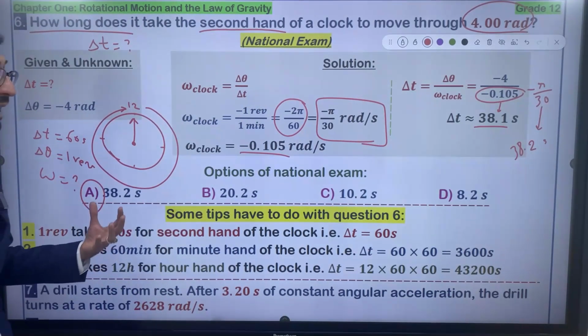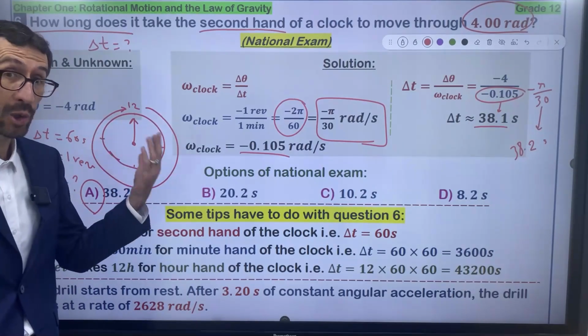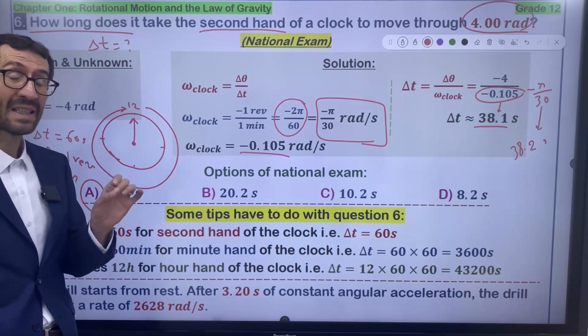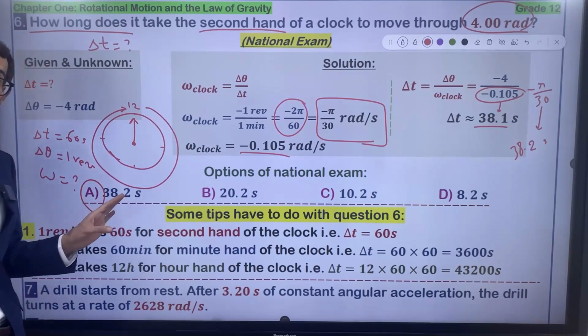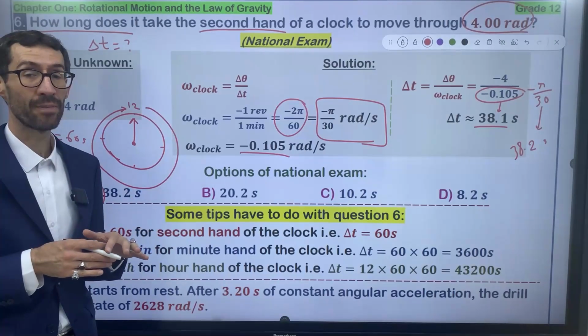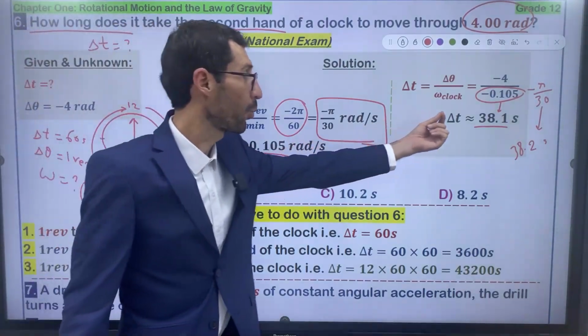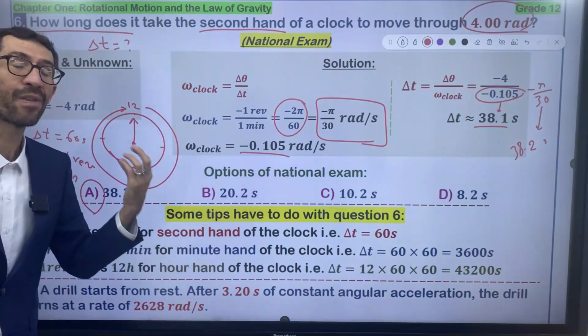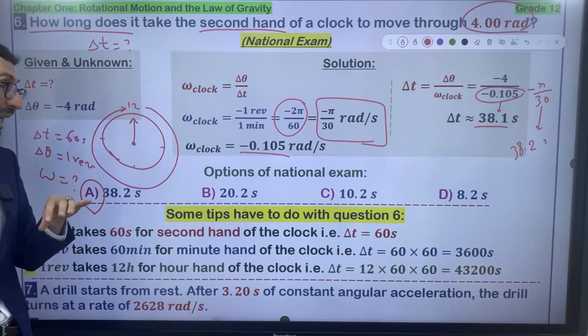So sometimes in our calculation, whenever you solve a problem, maybe you don't get the exact number of the option, no problem. Choose the nearest value. Here we got 38.1, but in the options we don't have 38.1 at all.